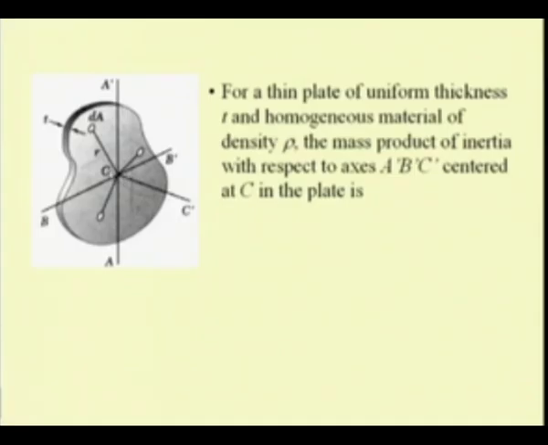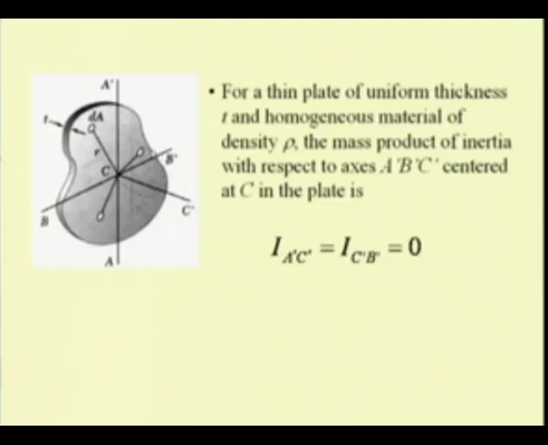Let us say C is the centroid and we are interested to find the product of inertia with respect to the centroidal reference frame, that is A prime, B prime, C prime. So, let us write these two quantities, let us say I A prime C prime and I C prime B prime. We will see that this quantity is 0.